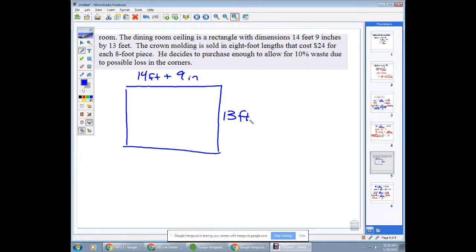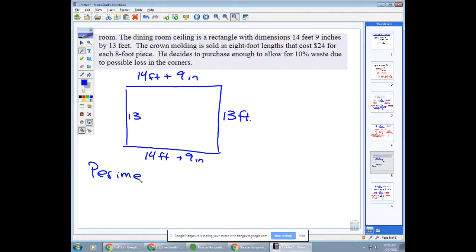And sometimes I worry about drawing it to scale, other times I don't. Usually when I start off, I don't care about drawing it to scale. So the first thing I want to do is find the perimeter. And so I'll just make a note that there's 14 feet, 9 inches on this side, and there's 13 feet on that side.